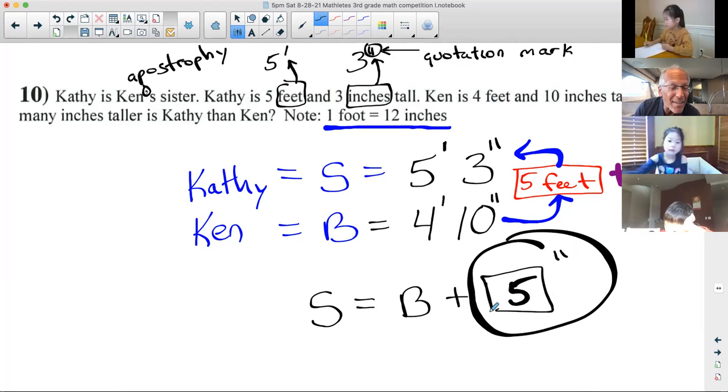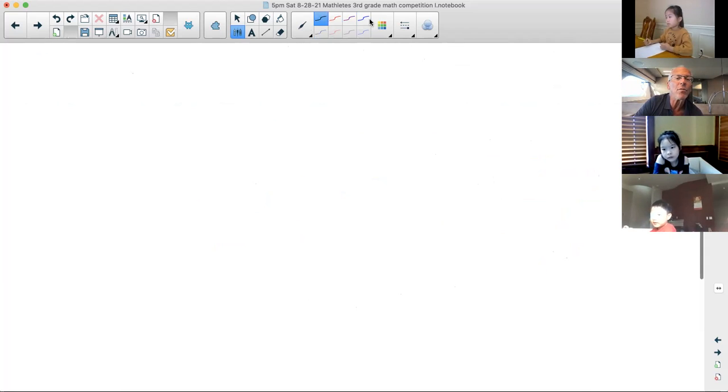Kathy is 5 inches taller than her brother. I'm going to give you guys one more just like this. So does anyone here know their height in feet and inches?